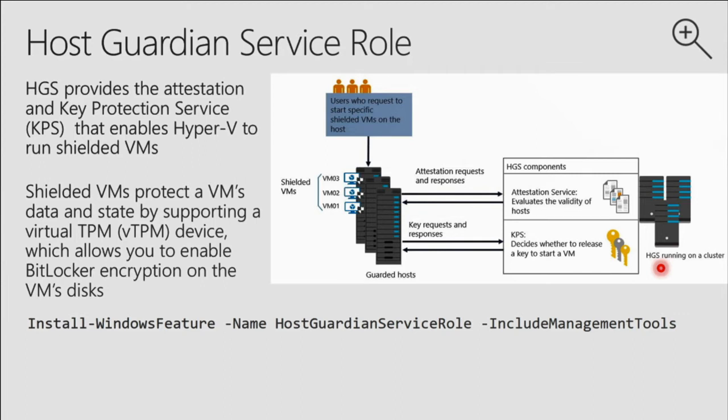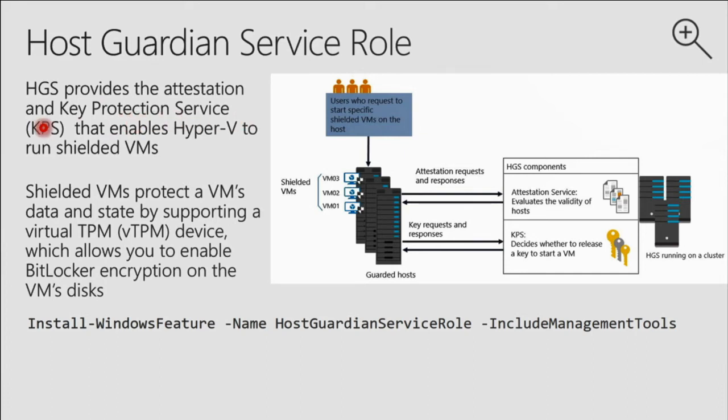The second process: should somebody be able to access this machine for administration purposes? I mean, to work on the virtual machine and access the content on that machine. This is another process, which we call KPS, provided by the key protection service.